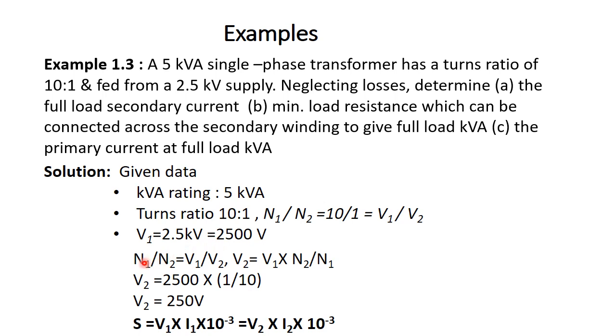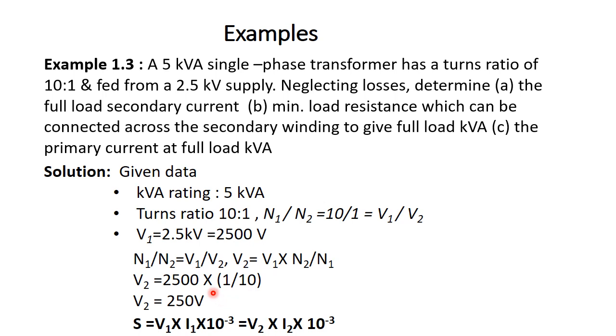So N1 divided by N2 is equal to V1 by V2, the transformation ratio, so V2 equals V1 multiplied by N2 by N1. V2 we can easily find because we know the ratio, so V2 equals 250 volt.